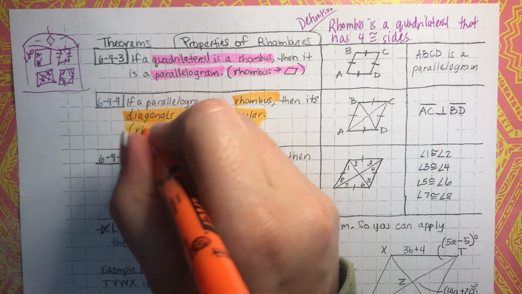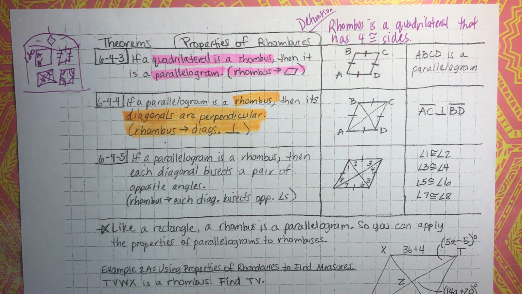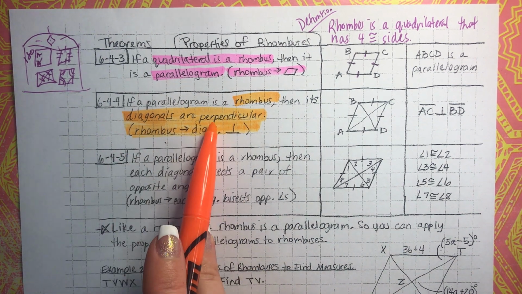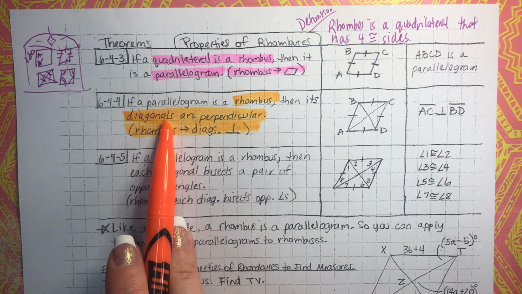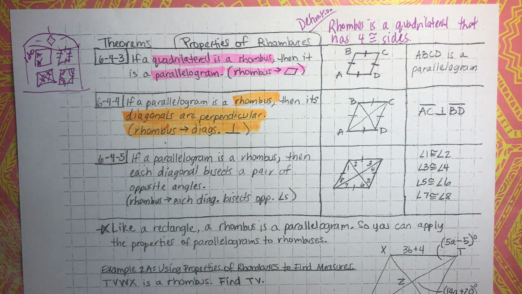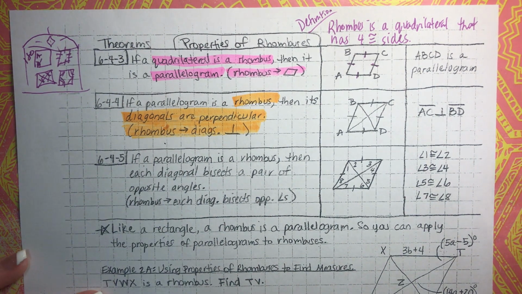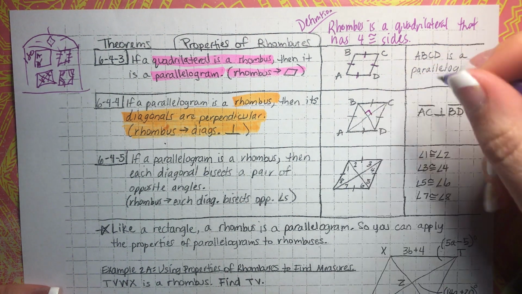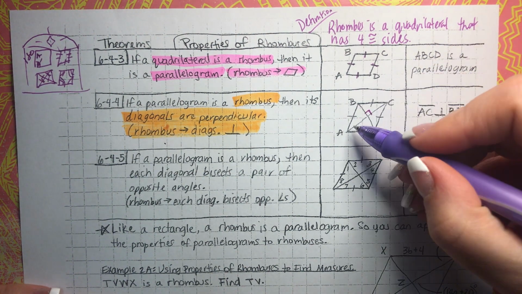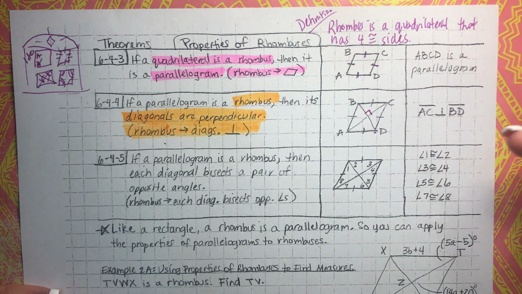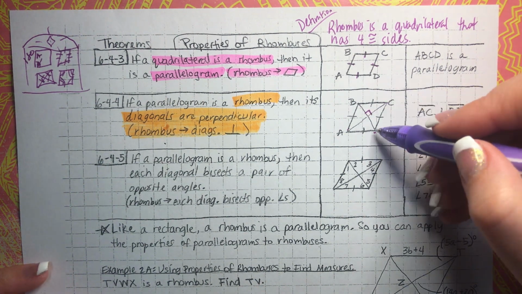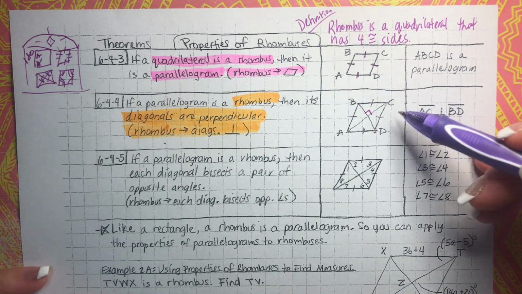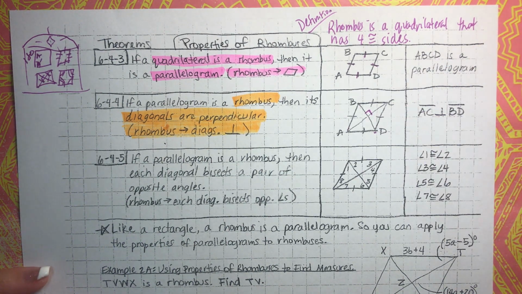Like when we get to those coordinate proofs, and we're going to probably have to prove that something is a rhombus, how would you show in a coordinate proof that the diagonals are perpendicular? You'd have to find the slope of this one, and you have to find the slope of this one. And do you remember how you can tell the slopes are perpendicular? There were two things. They were opposite signs, and they were reciprocals of each other.